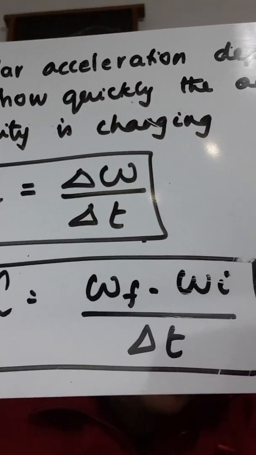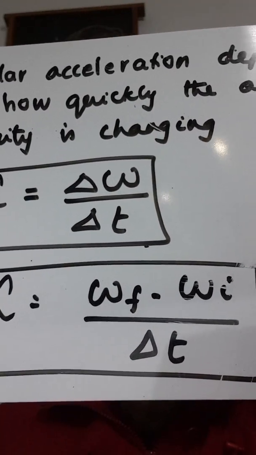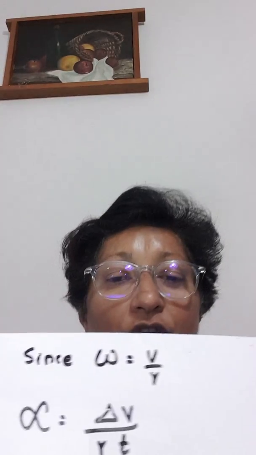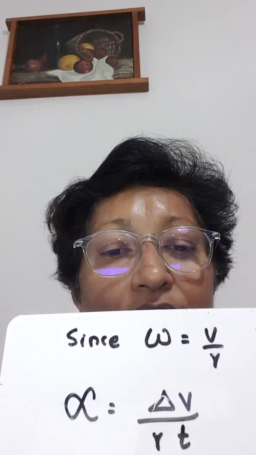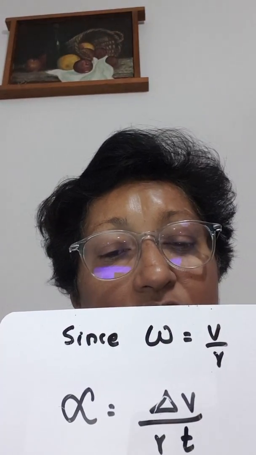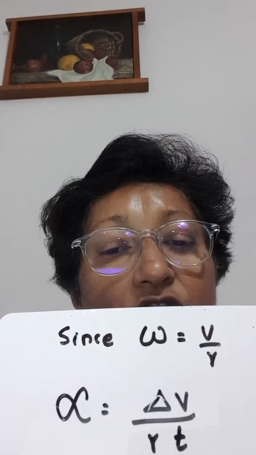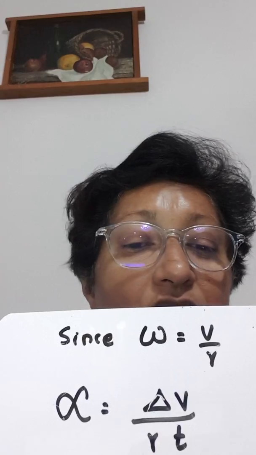And we learnt earlier that angular velocity is related to linear velocity by the radius. So you can also write this as linear velocity over radius times t. However, change in velocity over time is acceleration.